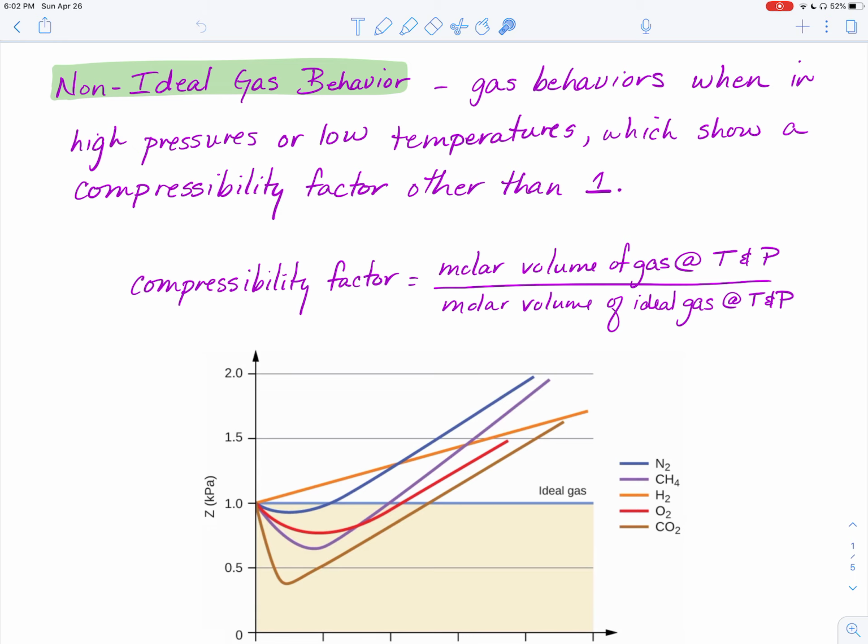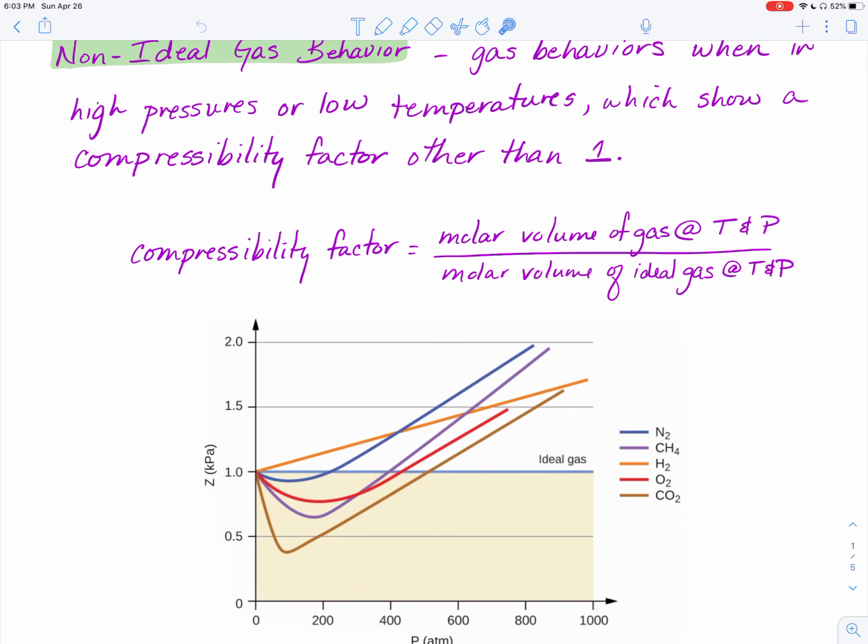As you can see, this graph below has the compressibility factor on the left-hand side as the y-axis, and the pressure on the x-axis.